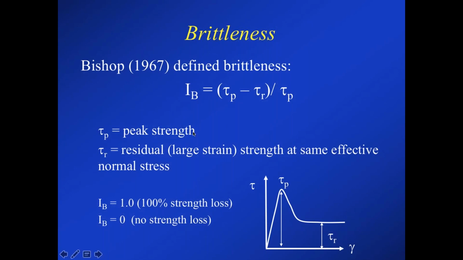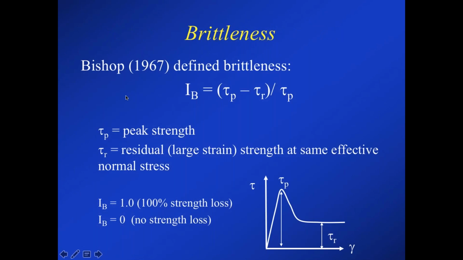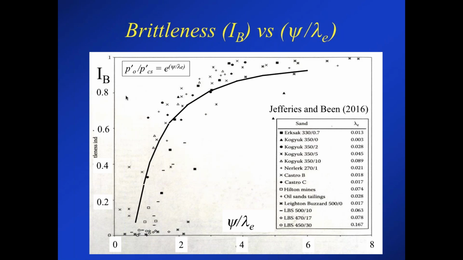The nice thing about brittleness is that it goes from a value of 0 to 1. If it's 1, that means there's 100% strength loss, and if it's 0, there's no strength loss. So those very loose samples that lost all their strength had a brittleness of essentially 1, within our ability to measure it.